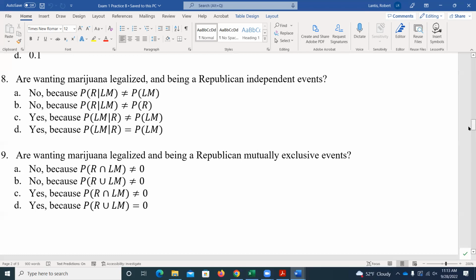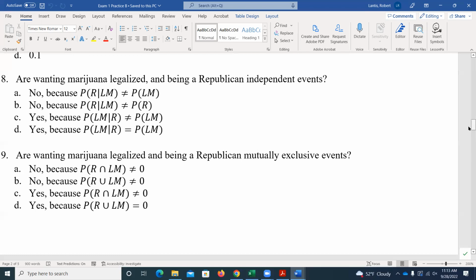So those options we could have ruled out right away. The union being equal to 0 or not tells us nothing about whether these are mutually exclusive events. So really the only answer that makes any sense, even if you didn't look at the table. Any questions? Does that make sense? Any questions on that one?